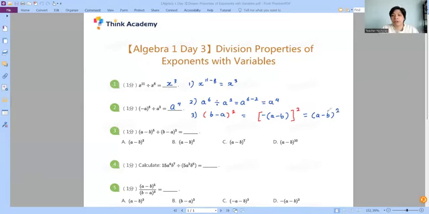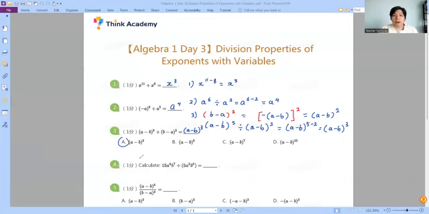Meaning it doesn't matter if I just swap the signs of the terms in there, so long as I do it equally, where I swap all of them. Now, I'm going to substitute this value into the equation itself, and you'll notice I can apply the quotient rule to get a minus b to the power of 5 minus 2, which is a minus b to the 3rd power. And our solution is A.